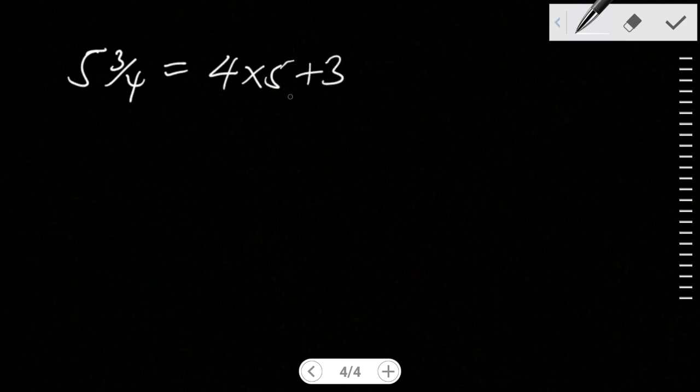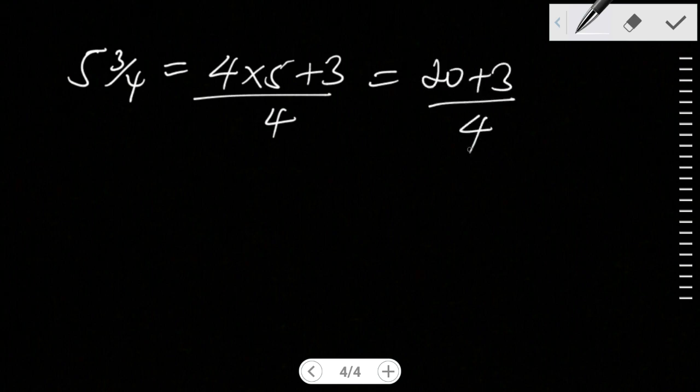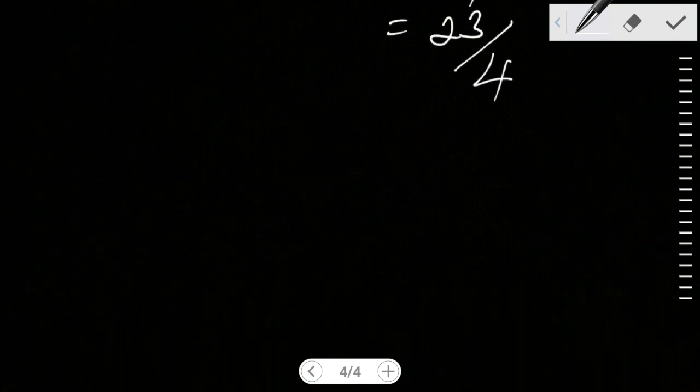Now if you have 5 whole number, 3 out of 4, this would be equal to 4 times 5 plus 3 all over 4, which is 20 plus 3 all over 4. So this would be 23 all over 4. Now let's try one more example.